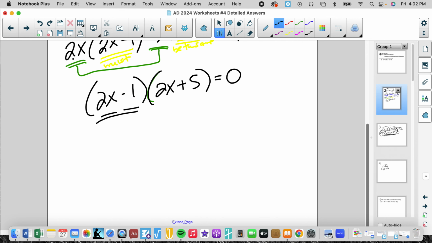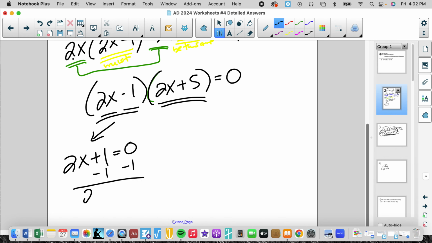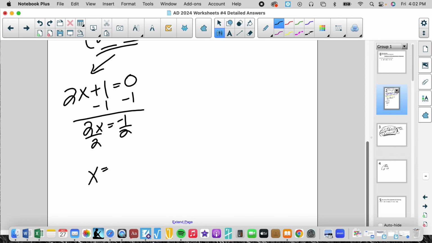So this has to equal 0 or this box has to equal 0. So what we do is we separate and we say, okay, if this has to equal 0, what is my x value? So we just solve for x. 2x minus 1 equals 0, so 2x equals 1, divided by 2, and we get x equals 1/2.